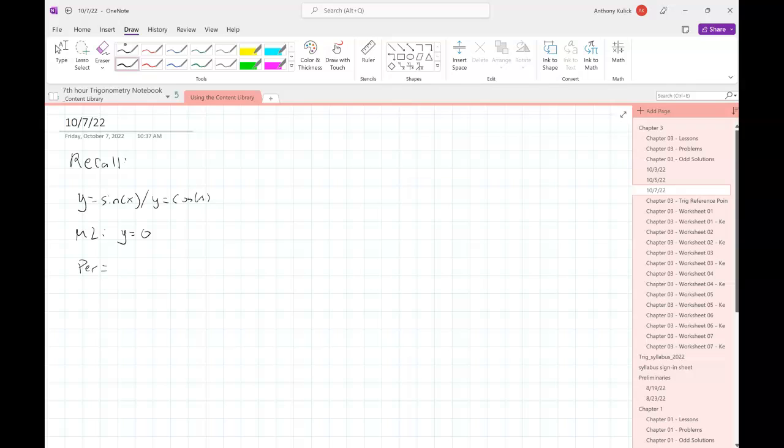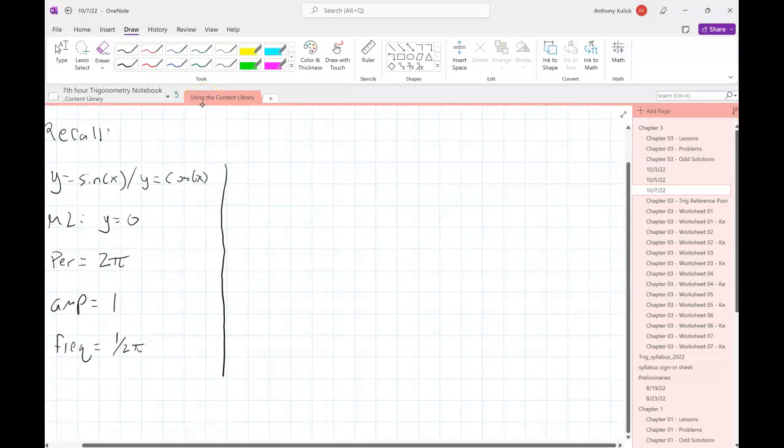Talked about the period, which was 2 pi. Talked about the amplitude, which was 1. And we talked about the frequency, which was 1 over 2 pi. Right? That all hopefully looks familiar at least.